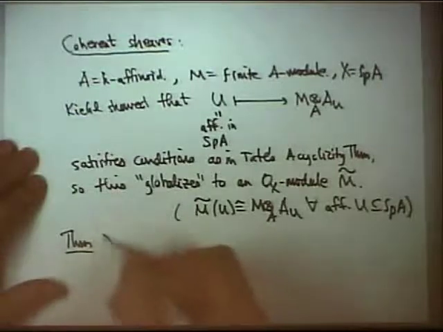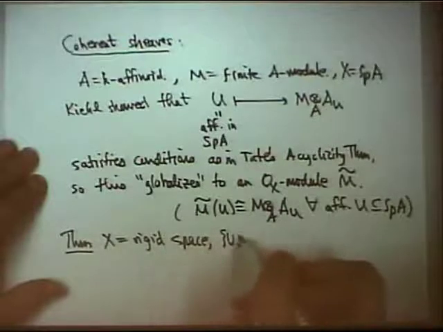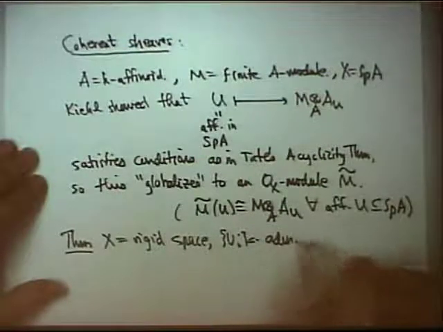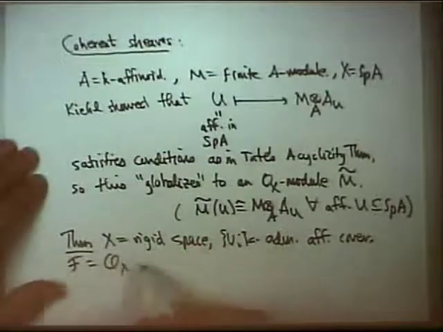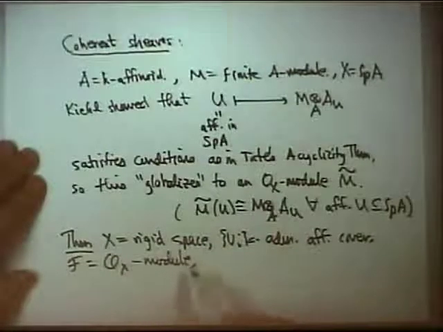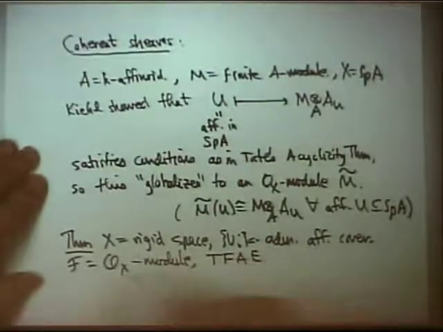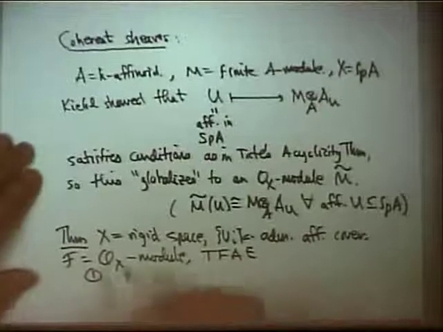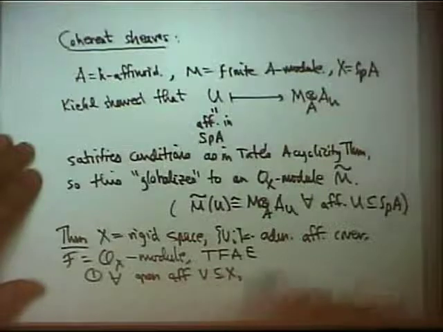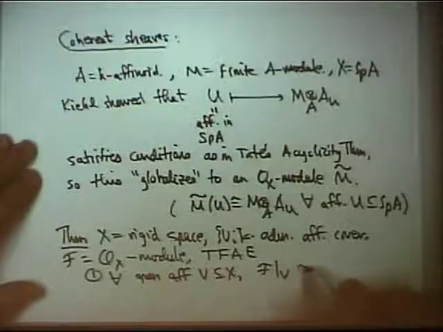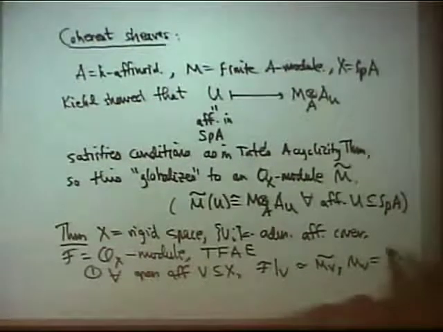More generally, he showed that if X is a rigid space and U sub I is an admissible affinoid cover, and F is an OX module, then the following are equivalent. First, for every admissible open affinoid V in X, F on V is of the form M_V tilde, where M_V is O_V finite.